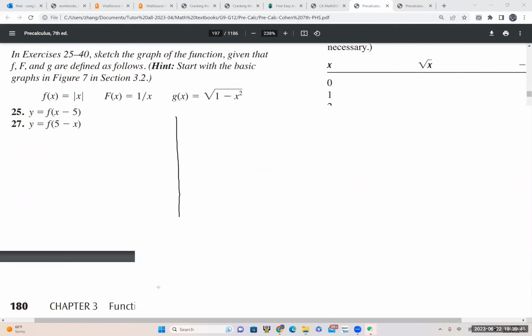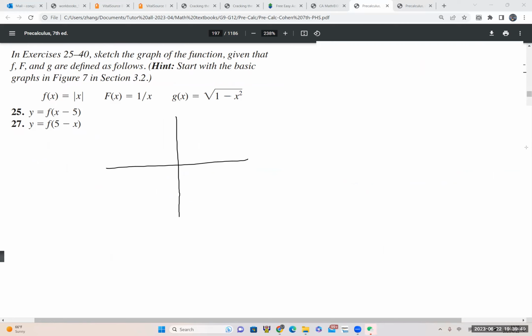And yeah, circle 27. That's the first one, I think. Hold.